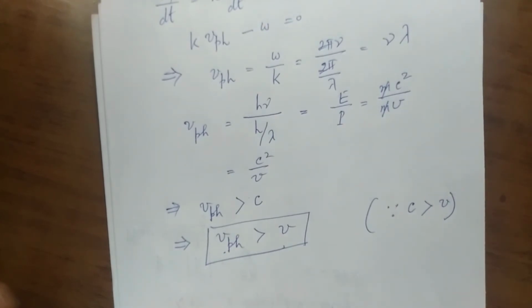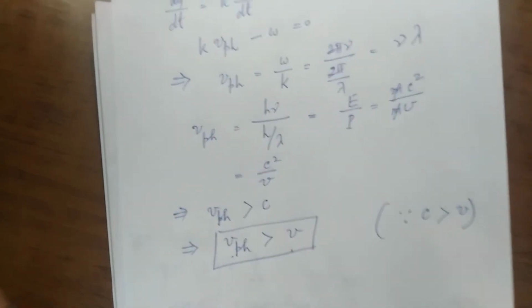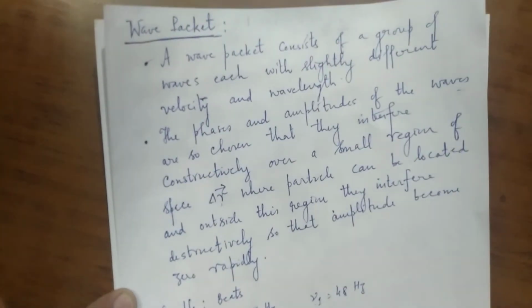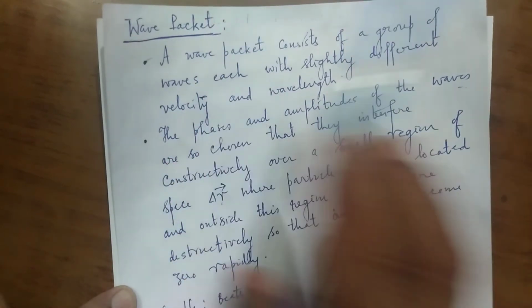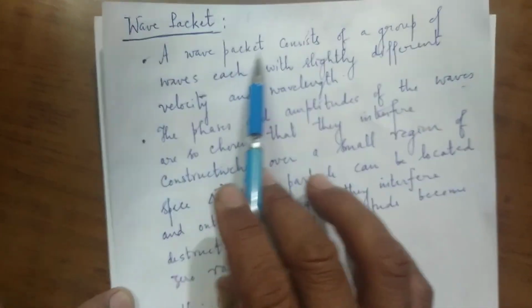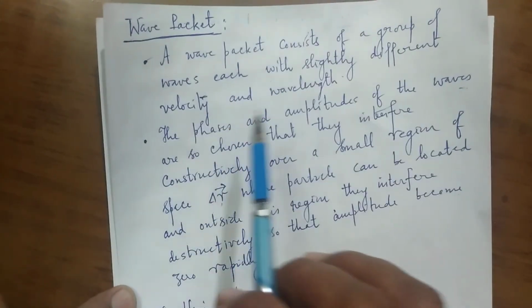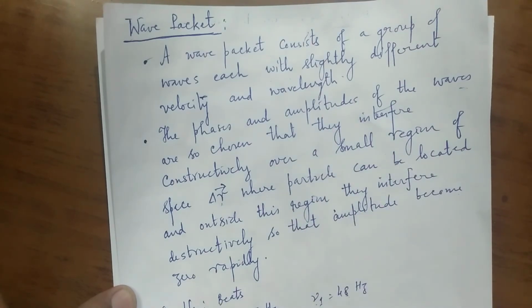Now, this problem that a single wave train cannot represent a moving particle was resolved by Schrodinger, and he said that a moving particle has to be represented by a group of waves which is known as the wave packet. A wave packet consists of a group of waves, each with slightly different velocity and wavelength.